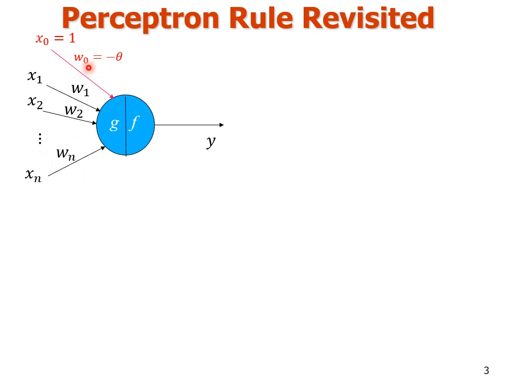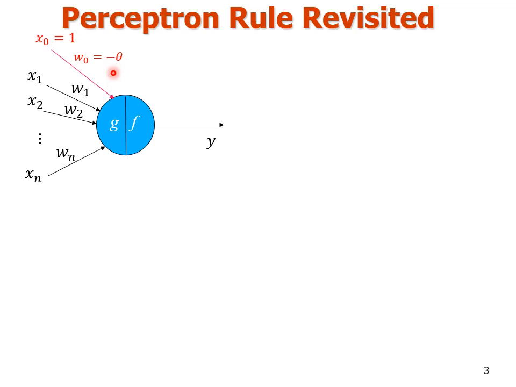W0 is actually meant for threshold. So, W0 is equal to minus theta, and this input along with this weight W0 is actually added because we wanted to learn the threshold also.